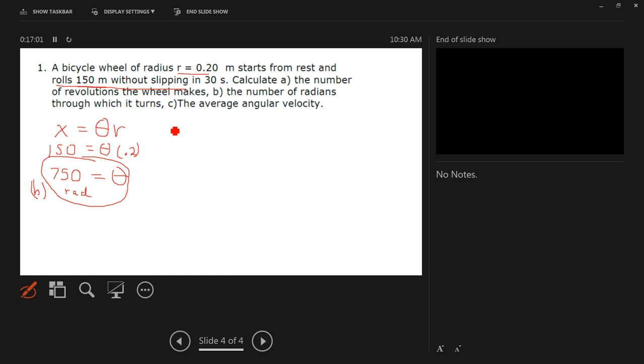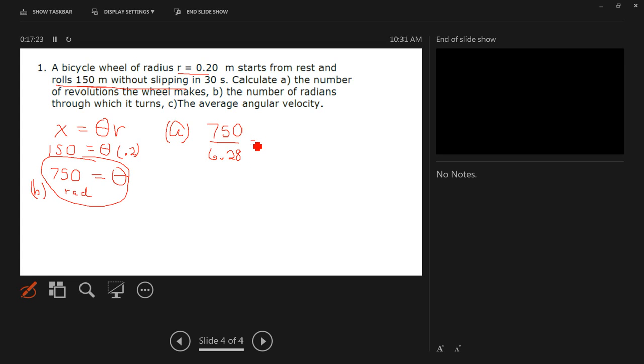The number of revolutions. Well, A, I guess I'm sort of solving this backwards. We can convert 750 radians to revolutions by dividing by the number of radians per revolution.